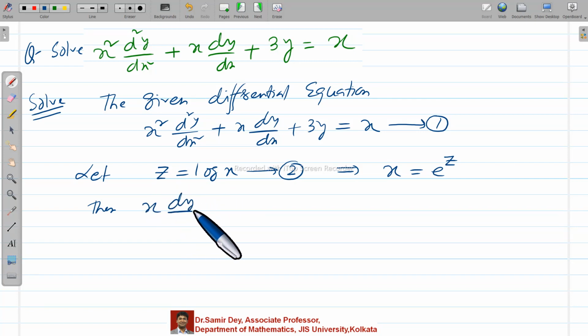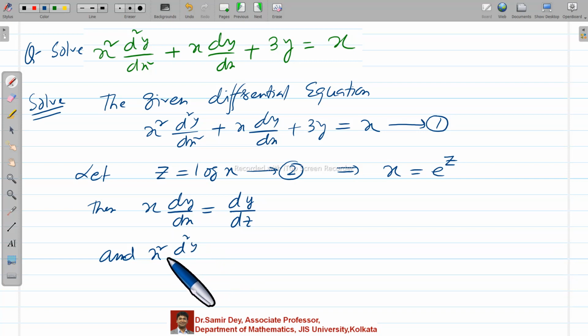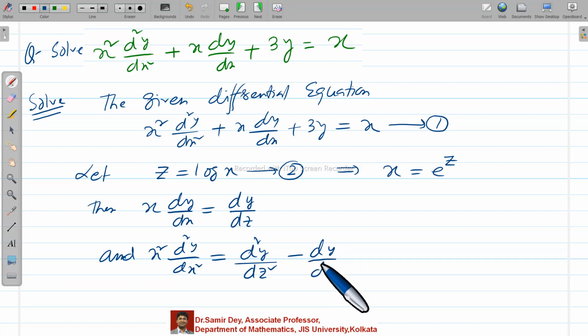So first you write down z is equal to log x, then you write down x dy dx is equal to dy dz. Next you write down x square d square y by dx square is equal to d square y by dz square minus dy dz.